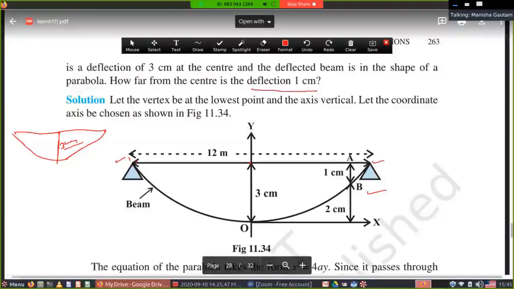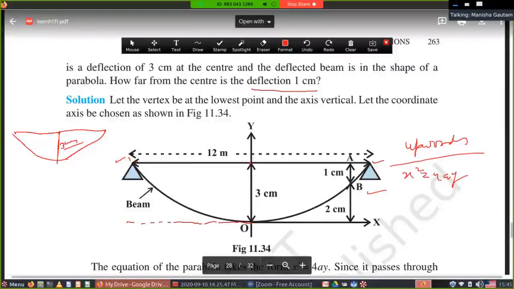Now, first of all, you can see here this line, which is the axis of the parabola. This is the upward parabola. The upward parabola equation is x squared is equal to 4ay.